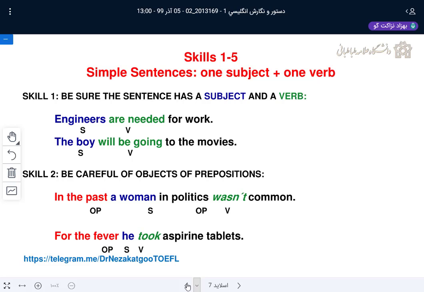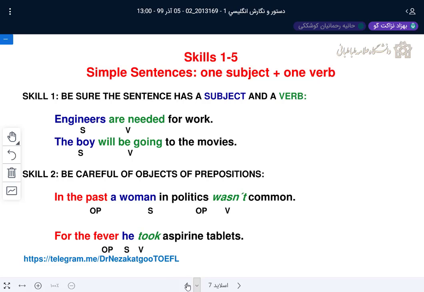A is a noun marker, woman is the subject. So never take past as the subject because it is the object of the preposition. Woman is singular. Then in politics, in is a preposition, politics is a noun. Preposition plus the noun or some possible modifiers, which we don't have any here, can function either as an adjective or an adverb.